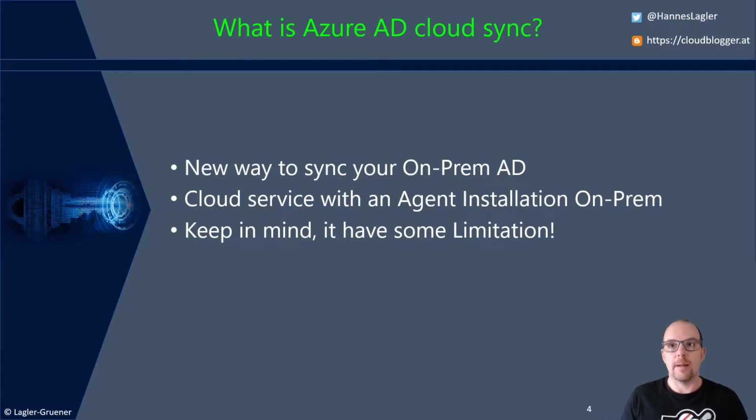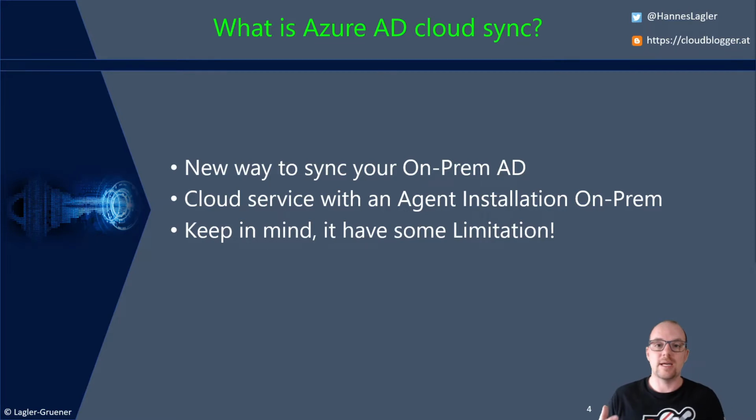Not many customers are migrating everything to the cloud. Most customers from my projects have some products or systems which will stay on premise in the future. This is the reason why we have to think about a hybrid scenario.